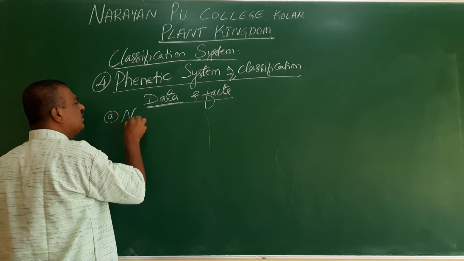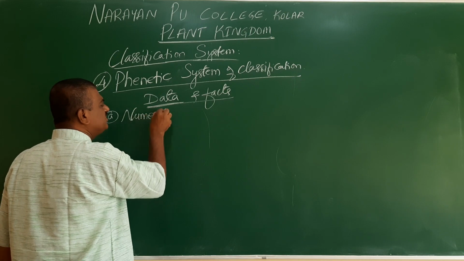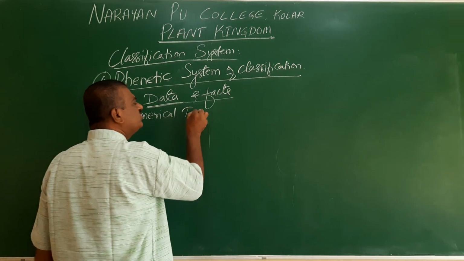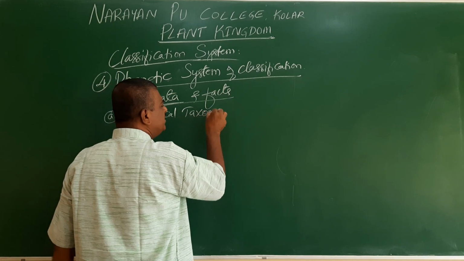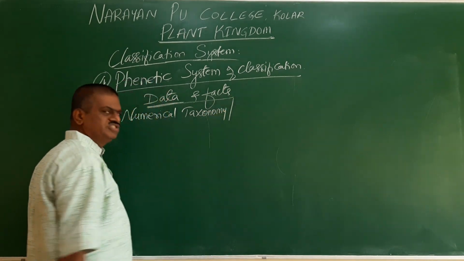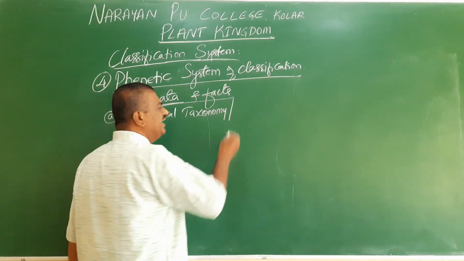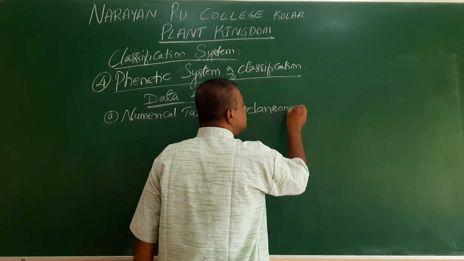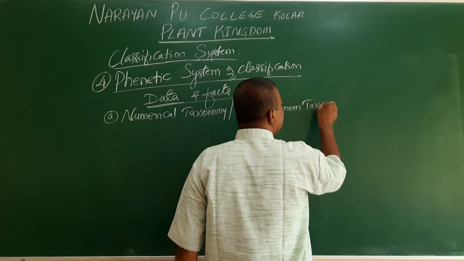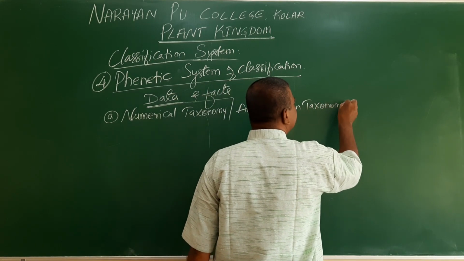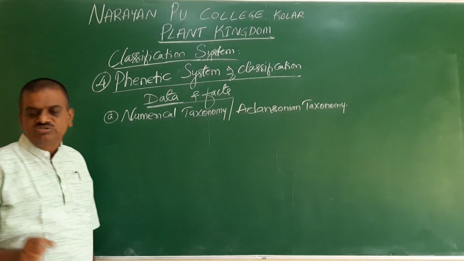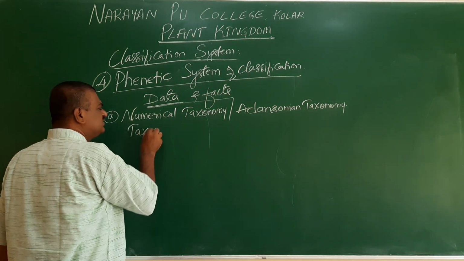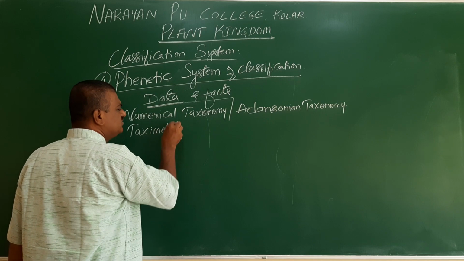The first one is called numerical taxonomy. Numerical taxonomy is also called Adansonian taxonomy, and Adansonian taxonomy is also called taximetrics.